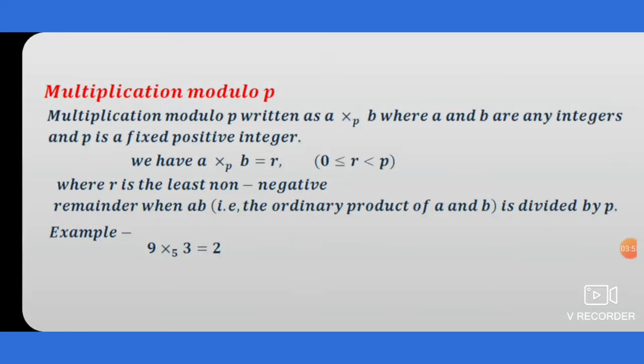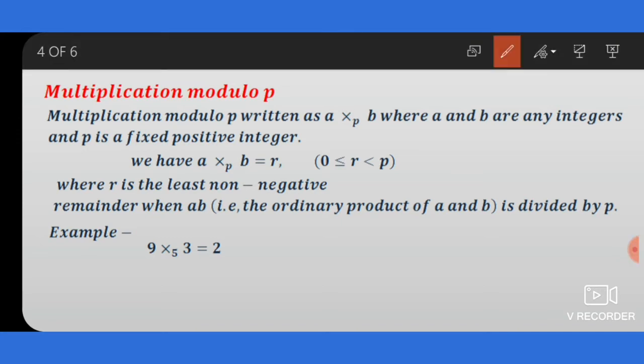Multiplication modulo p. Multiplication modulo p is written as a multiply modulo p b, where a and b are any integers and p is a fixed positive integer.